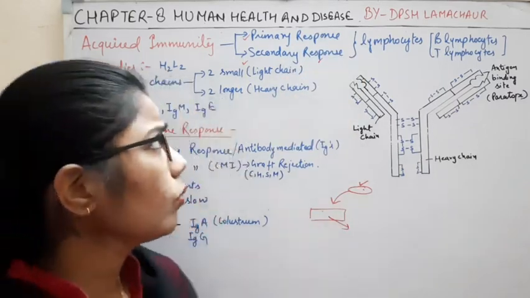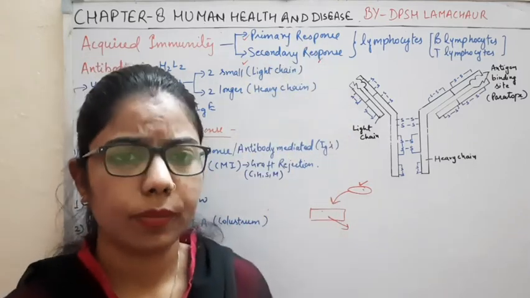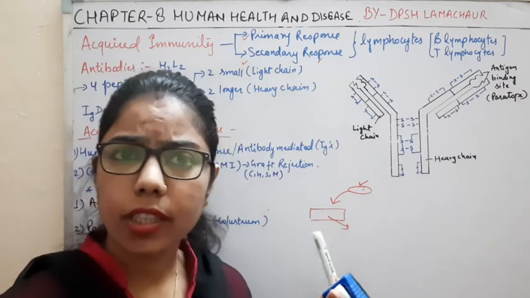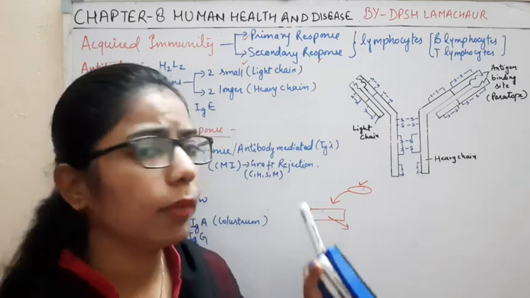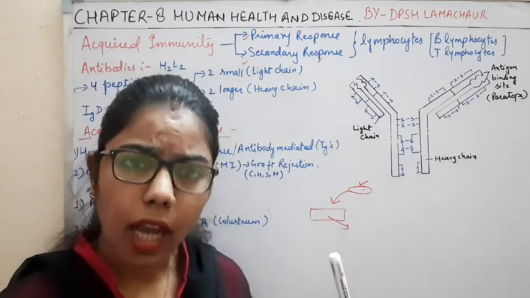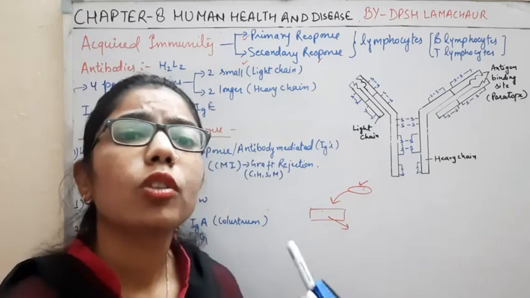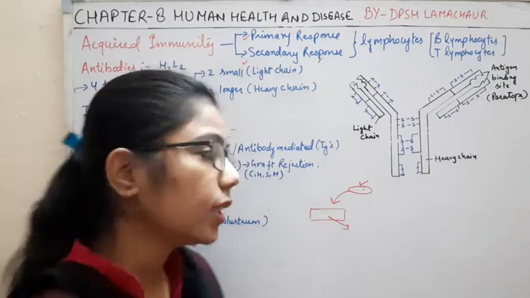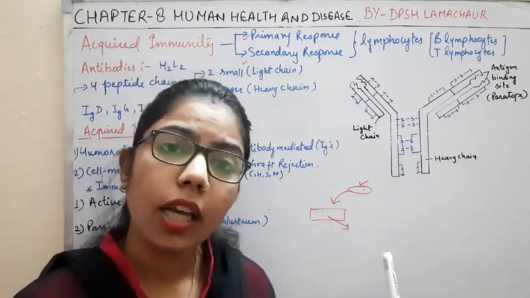For example, chickenpox. The first time an individual has chickenpox, the body prepares antibodies for it, and after that when it again tries to attack, the body will make more and more antibodies and your body will not be affected by this pathogen again.